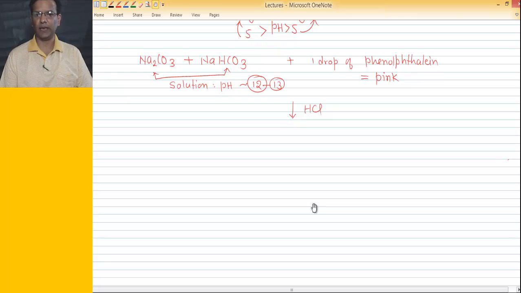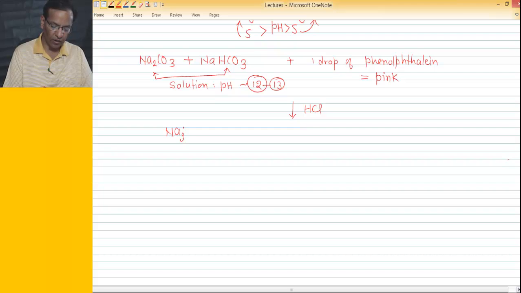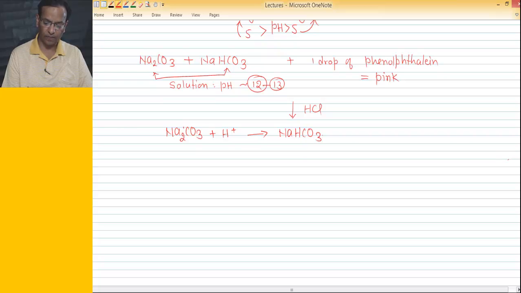If we add HCl, the stronger base sodium carbonate will start neutralizing. Na2CO3 will be neutralized first to sodium bicarbonate, NaHCO3. Since sodium carbonate is a stronger base, it will be neutralized first, and neutralization occurs in steps.